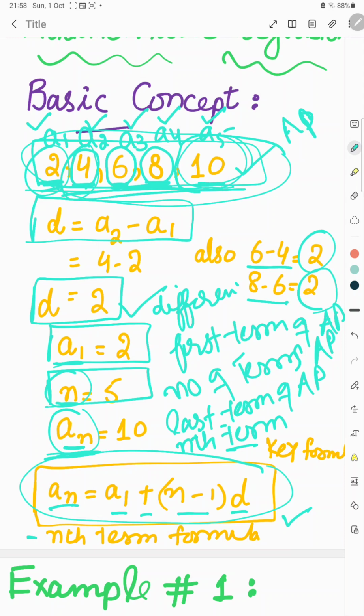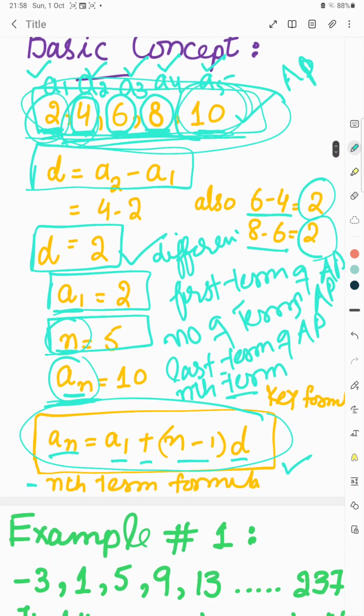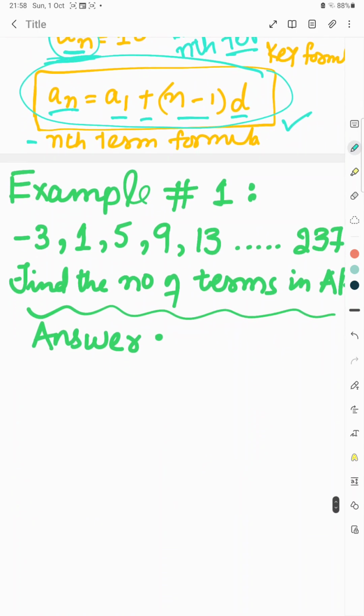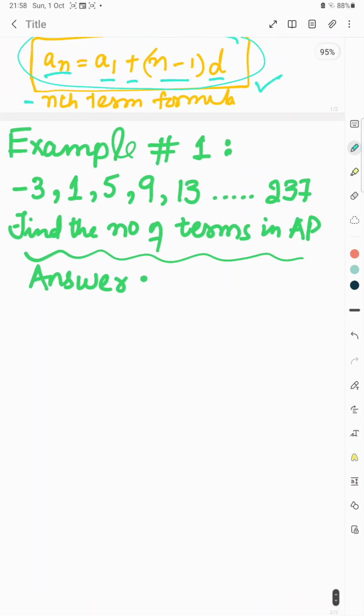Now I will go further and solve examples for you, so the concept about the arithmetic progression will be more clear. So example number 1 here is given: an arithmetic progression in which the first term is -3, the second is 1, 5, 9, 13 up to 237, and we have to find the number of terms in the arithmetic progression.